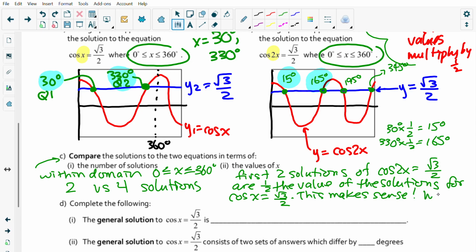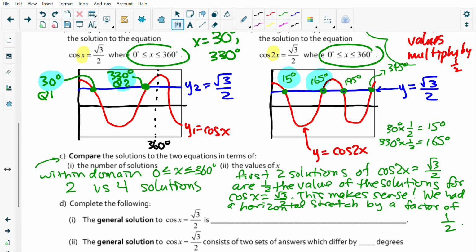We had a horizontal stretch by a factor of 1/2.